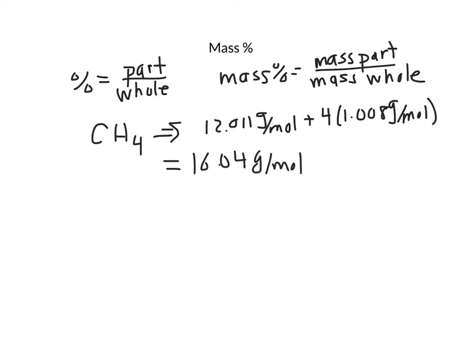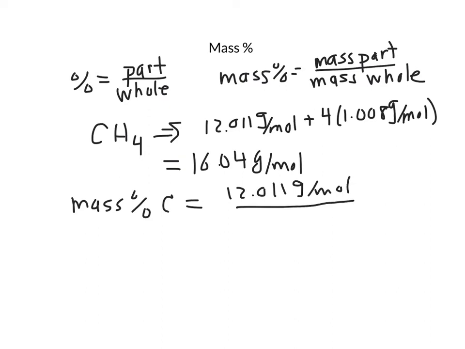So if I want to know the mass percent of carbon, then I need to take the mass of carbon in the whole thing, which is 12.011 grams per mole, divided by the mass of the whole thing, which is 16.04 grams per mole, and then of course times 100% to get it into percents from fractions.